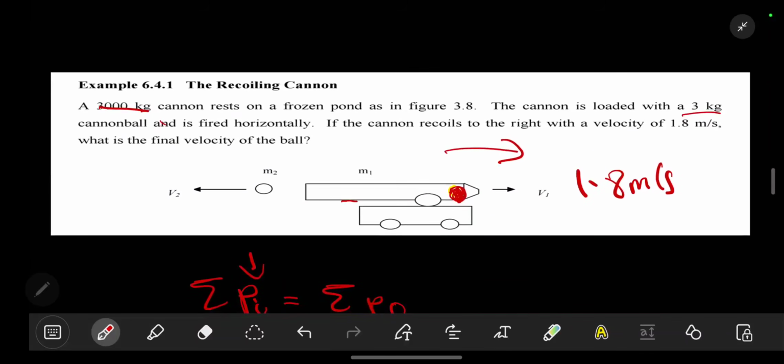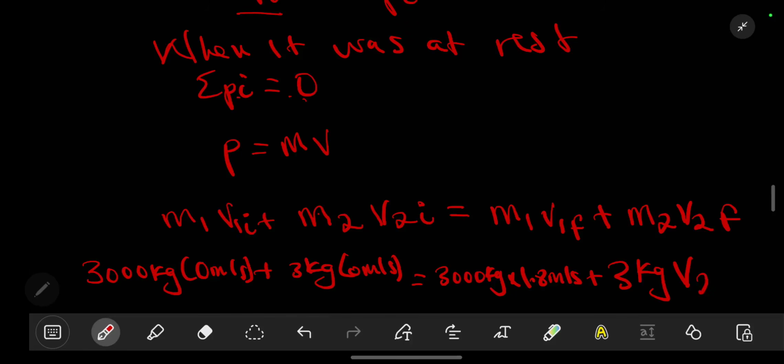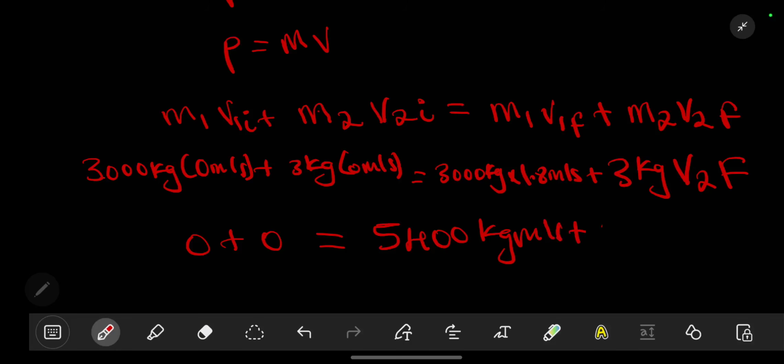The cannonball is 3 kg times the velocity it will move at, which we don't know, so v2 final. As you can see here, this times 0 is 0 plus 0, which will just be 0, should be equal to, when we multiply our 3000 times 1.8, 5400 kg meters per second plus 3 kg v2 final.